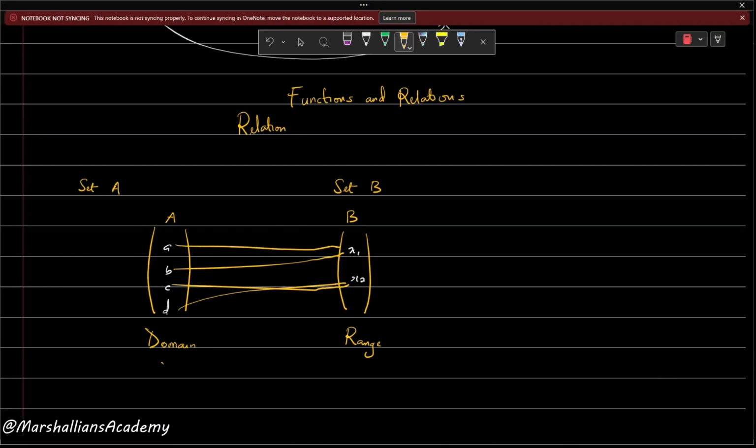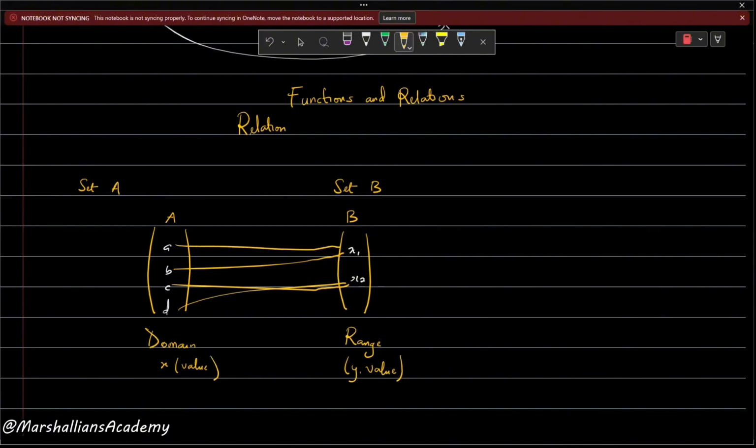So this is more or less like the x value in a function, and this is more or less like the y value in a function. So the domain is the originator of the relationship, and the range is the result of the relationship.